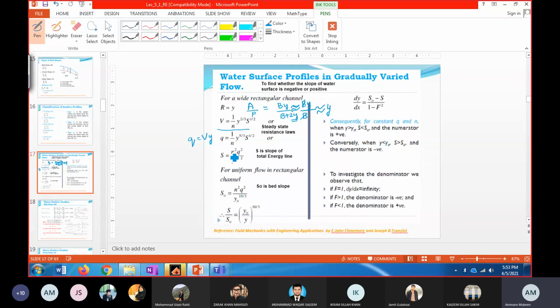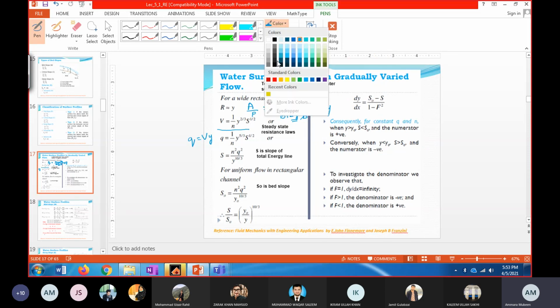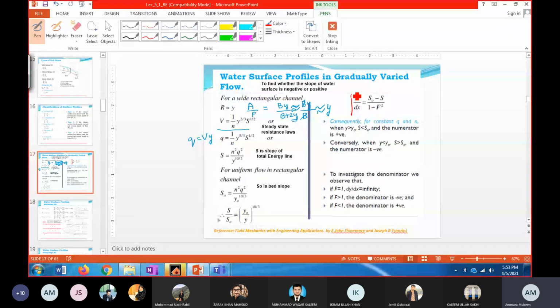Using these two equations, just get the ratio of S over S naught, and you'll get y naught over y, raised to the appropriate power. Our aim is to define the numerator of this governing equation. We have the governing equation with us, and we have to find out whether dy by dx is positive or negative. In order to get that, we will have to know the sign of the numerator and the sign of the denominator.